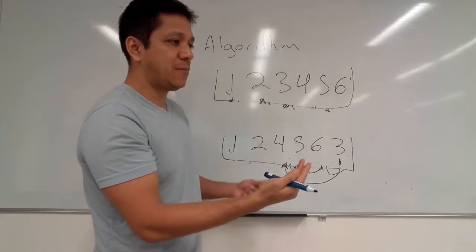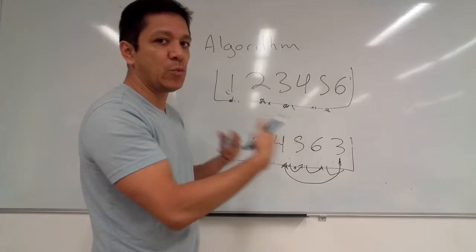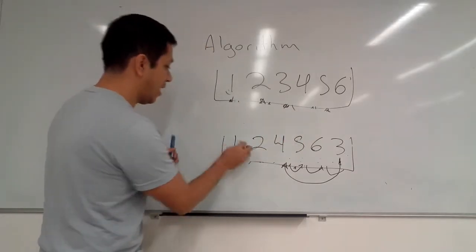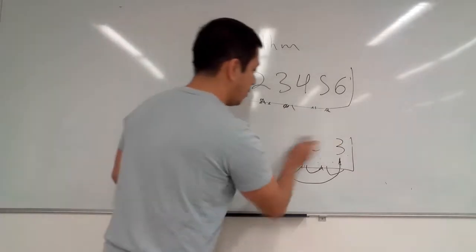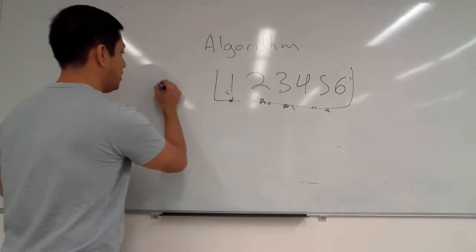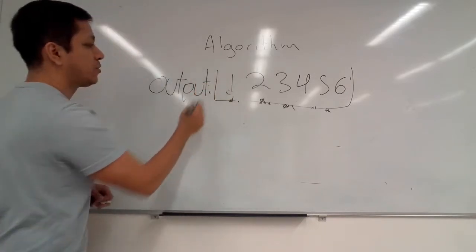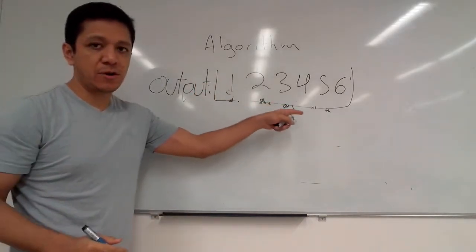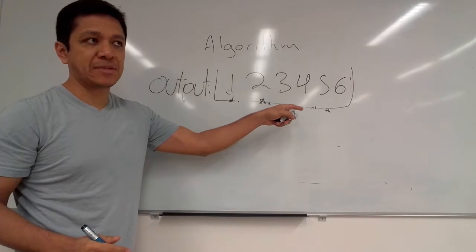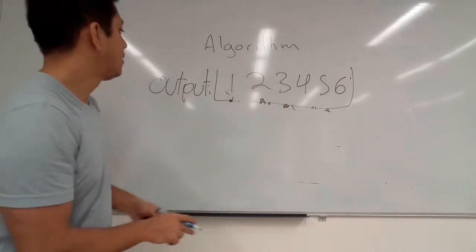This is really good because if something is wrong, it can be arranged in line. So now we have our output. This is going to be the output or the result of these sorted numbers, or the sorted vector.